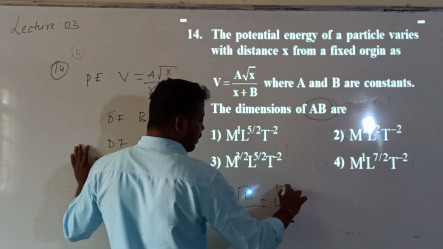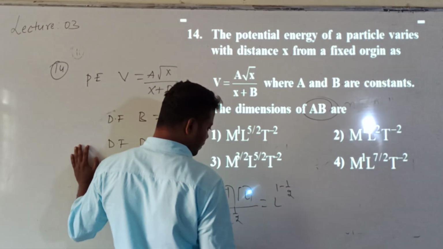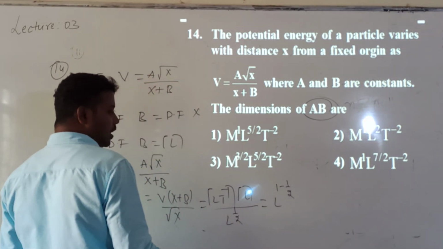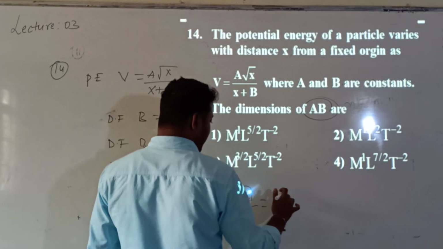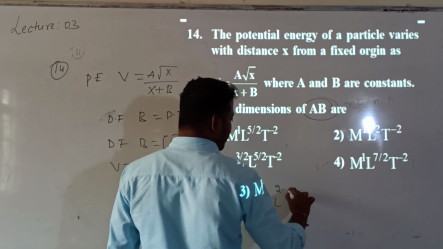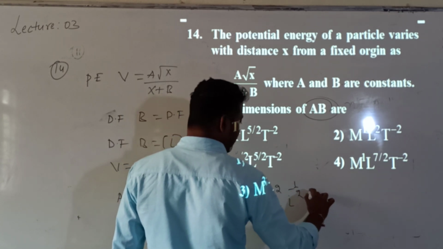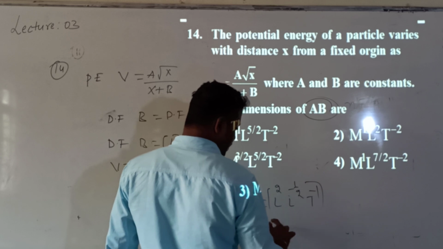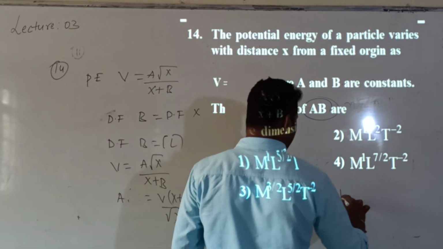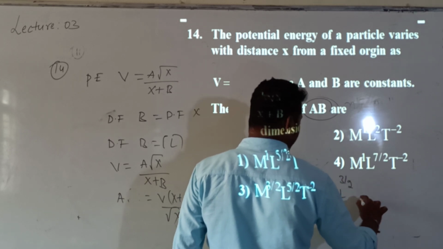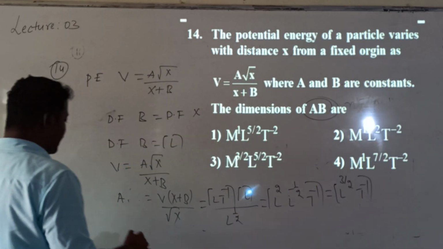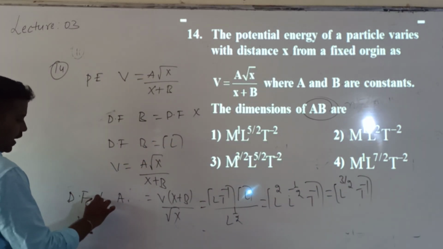L into L into L power minus 1 by 2 into T power minus 1, which is equal to L power 3 by 2 into T power minus 1. This is the dimensional formula of A.